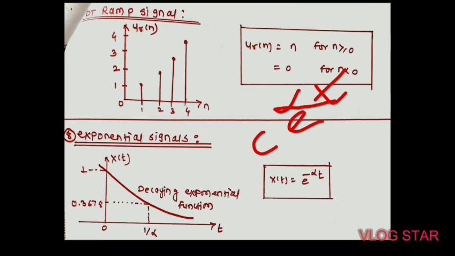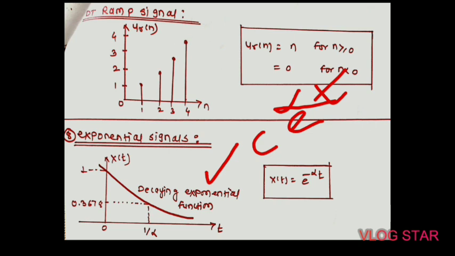Depending on the values of these parameters, the complex exponential can have several different characteristics, and that's why, depending on the values of c and alpha, the complex exponential signals can be classified as first, real exponential signals, and second, periodic complex exponential signals.